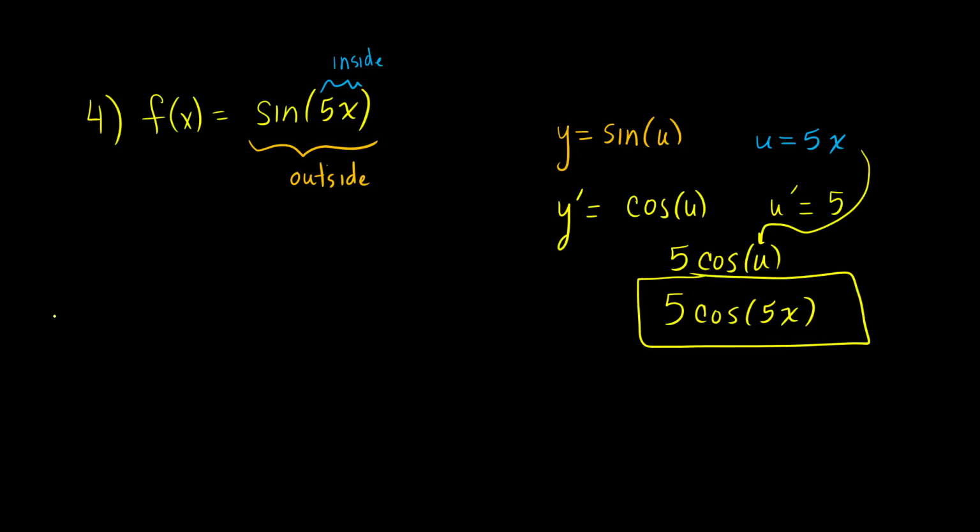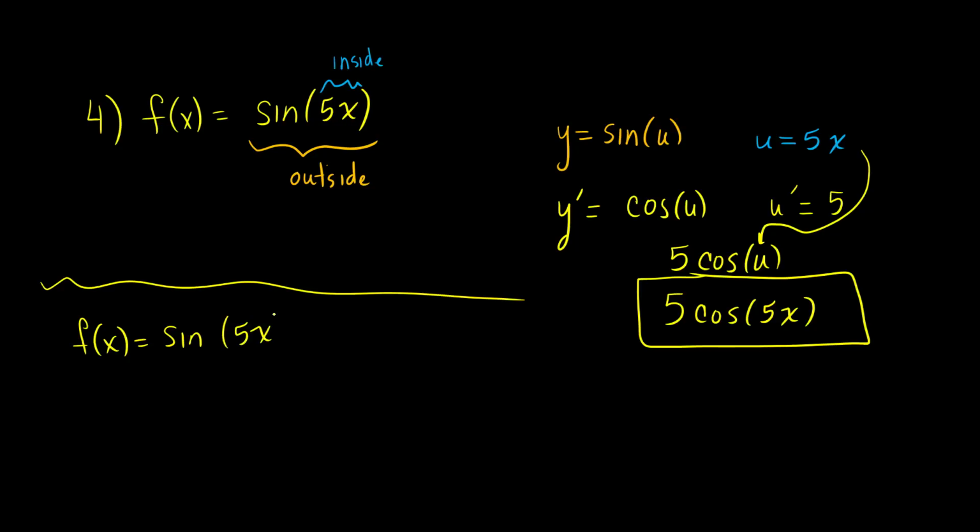That's if you like doing the stuff over on the side with your substitution. The other way is the derivative of the sine is cosine and leave the inside alone times the derivative of the inside. So you see we get the same answer, right? But that's just kind of the shortcut way.